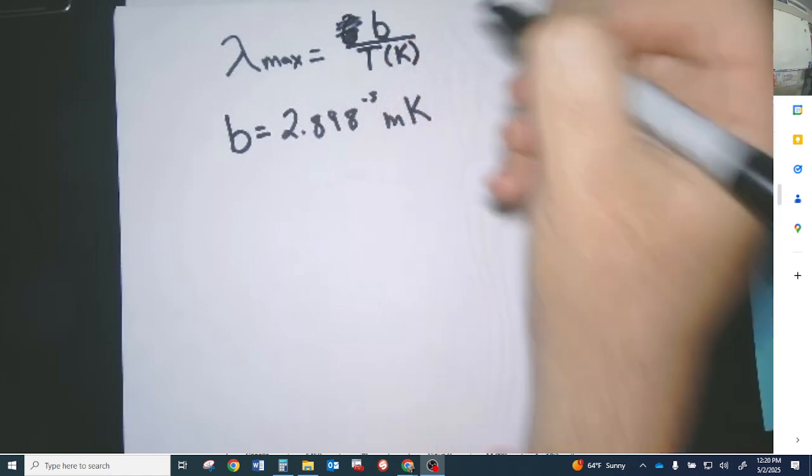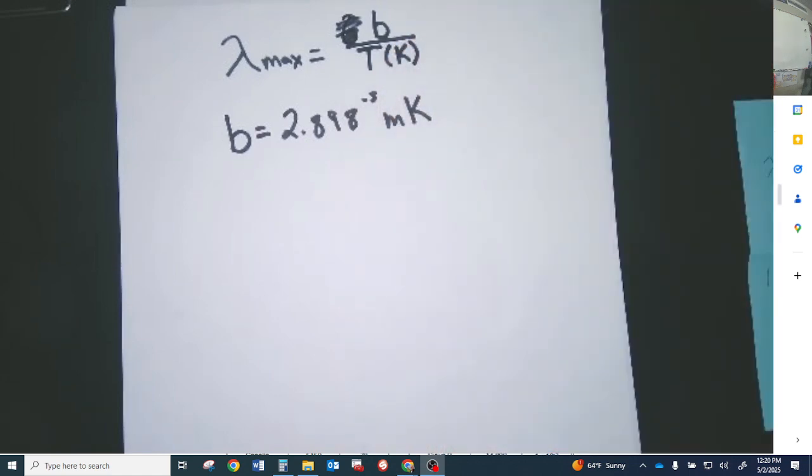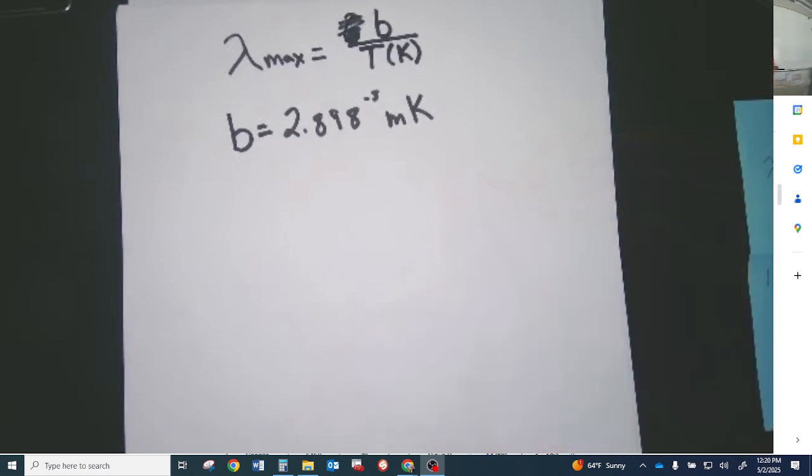Remember, kelvin is the more scientific way of looking at temperature rather than Fahrenheit or Celsius. It's actually measuring how much energy is in that object. All right, so that's the basics. That's Wien's displacement law, and that's all you really need to know as far as that is concerned.